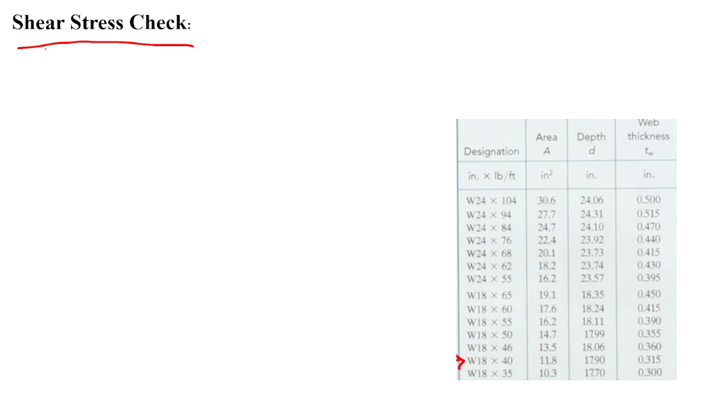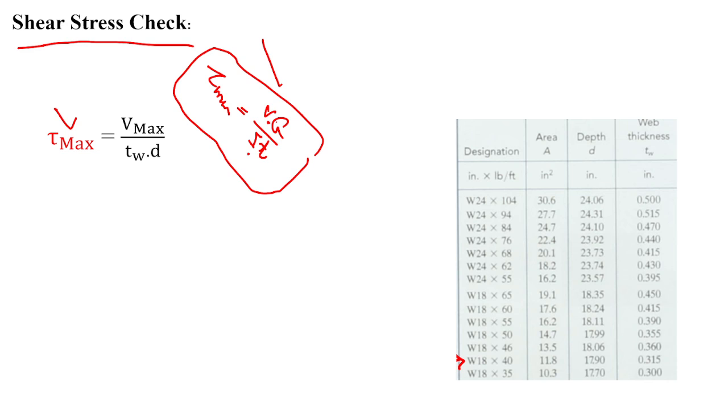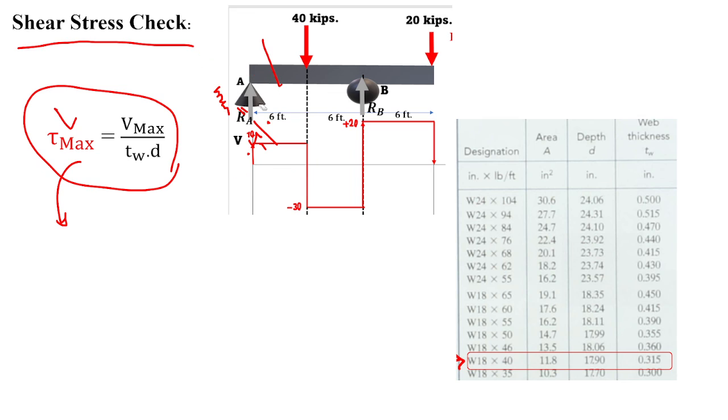Then we need to go for the shear check, and for checking the shear, if you remember tau maximum, some codes allow us to use an approximation of V maximum over tw times d rather than go by a far more time consuming equation of tau max, which is VQ over It. Some codes just allow us to go with this approach, so it makes the problem far easier. We already know what the maximum V is, so that's a negative 30.